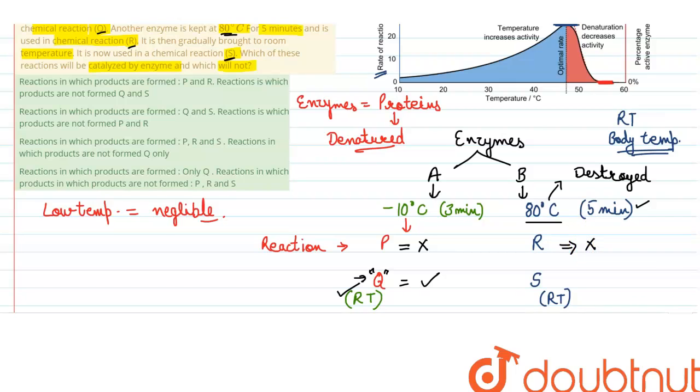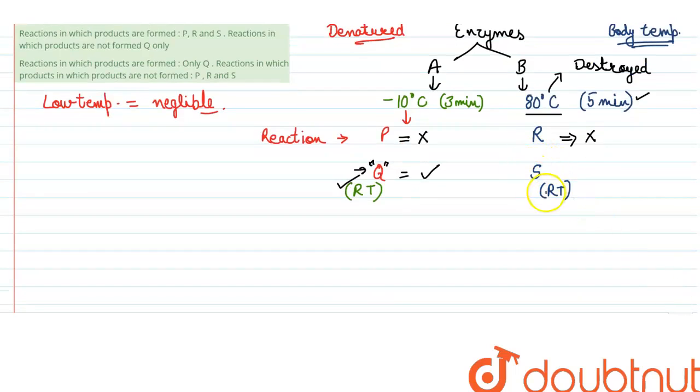And after that, the question says that it was brought back to room temperature and used in the reaction S. But here also no product will be formed, because once the structure of the enzyme has been destroyed at high temperature, it cannot be reformed even if it is kept at room temperature. So in the chemical reaction S also, there will be no product formed.